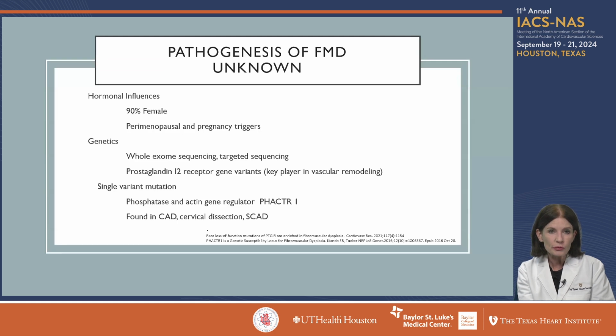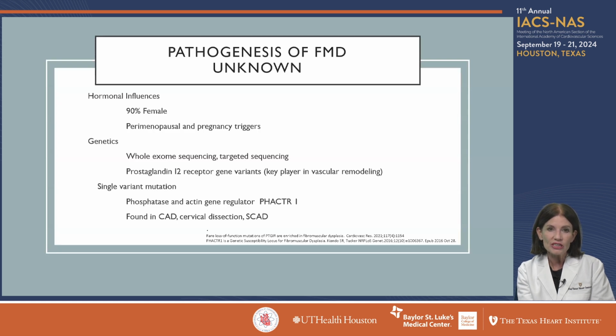Certainly hormonal influences are playing a very large role, as we've seen fibromuscular dysplasia diagnosed mainly in women, 90%, and certainly perimenopause and pregnancy tend to be a trigger for events. Genetics, we think, plays some role.